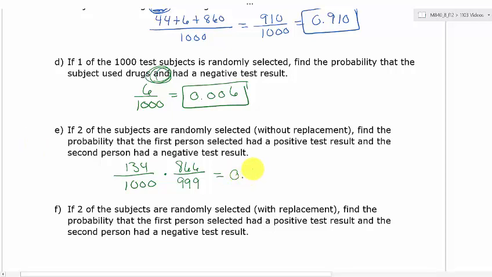And we get 0.116. So I typed in 134 times 866, divided by 1,000 times 999, and then enter.